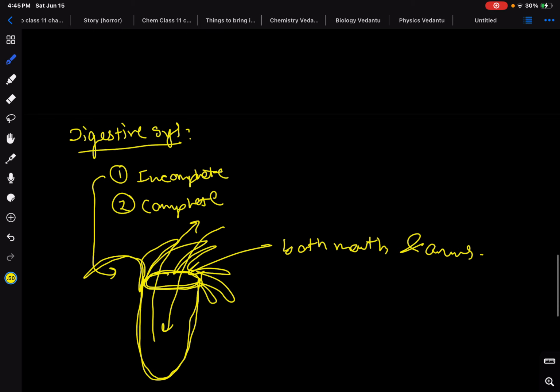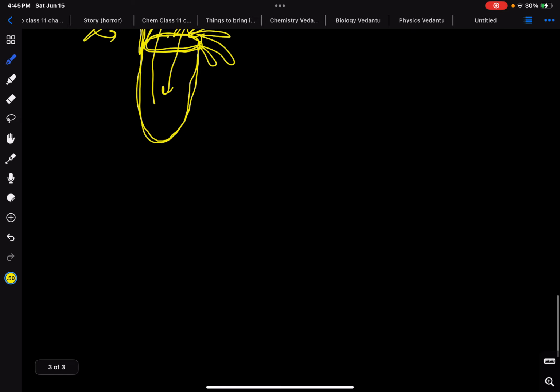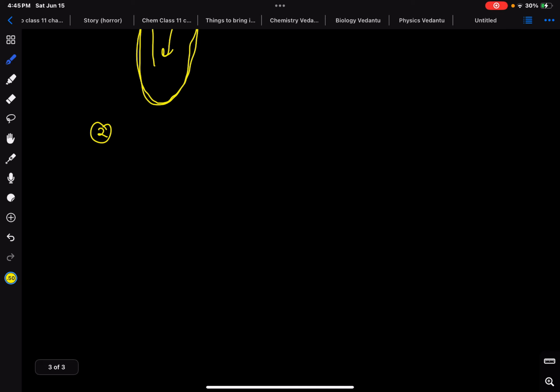Then we have complete digestive system. Let's again take the example of earthworm. So an earthworm, if we look at it, if we dissect it, it has sort of this kind of structure.